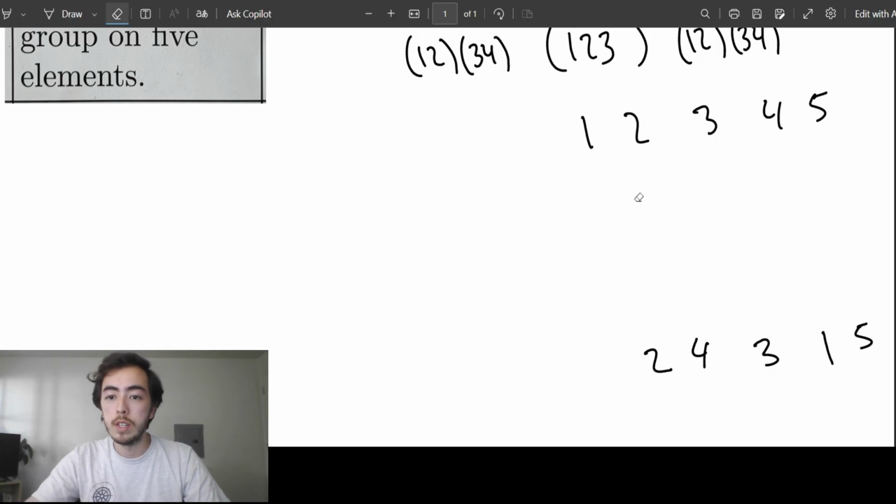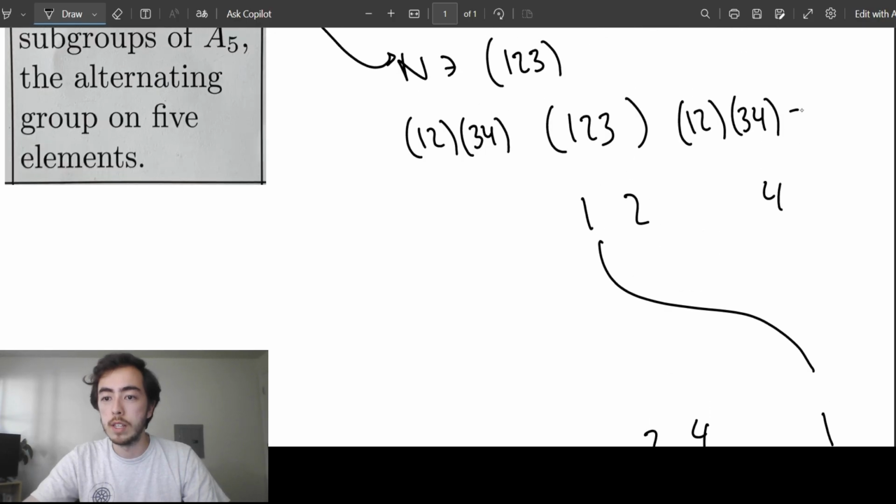And so to me, it looks like we have a 3 cycle where 1 went to position 4. So I'll write it out like this. 1 went to position 4. The number 4 went to position 2. And then the 2 went back to position 1.